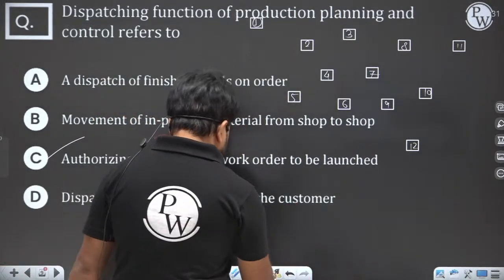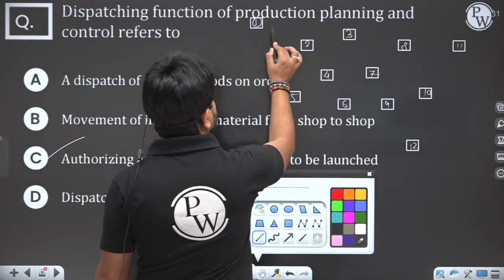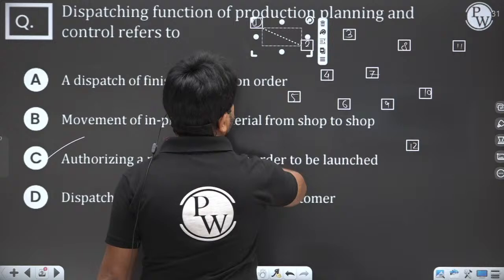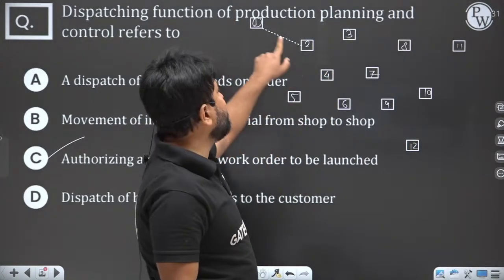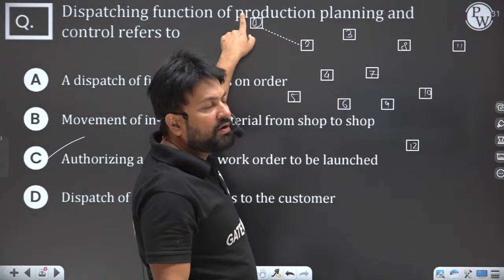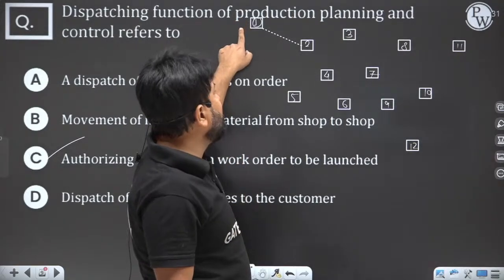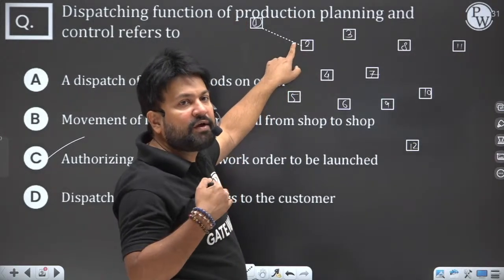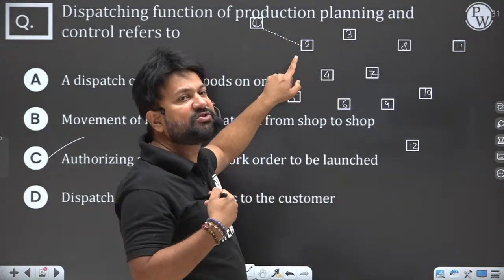Suppose that after processing, material will transfer from 1 to 2. Then this dispatching will be done by an authorization, so that the person on the first shop floor knows, okay, I have dispatched it from my order, and if any fault arises, I am responsible.